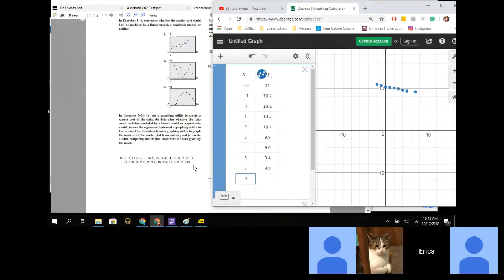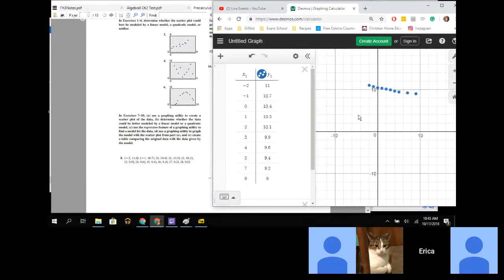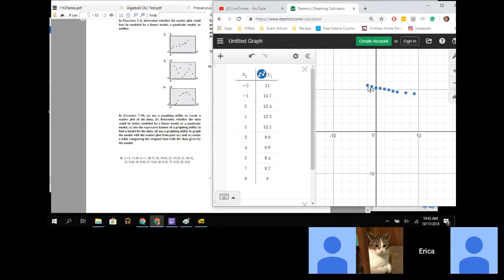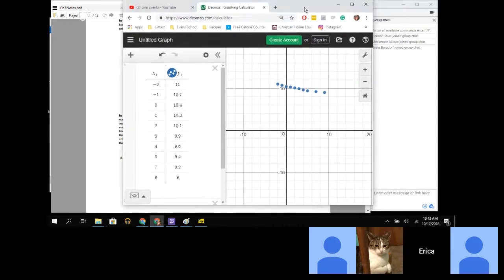I'm somewhat techie, but not super techie. If you can figure out how to screenshot this and print it and include it in your homework, I'm fine with that, since it says use a graphing utility to create a scatter plot of the data. I made a scatter plot of the data. You could copy this scatter plot down onto a graph, or if you can figure out a way to screenshot it, you're welcome to do that.